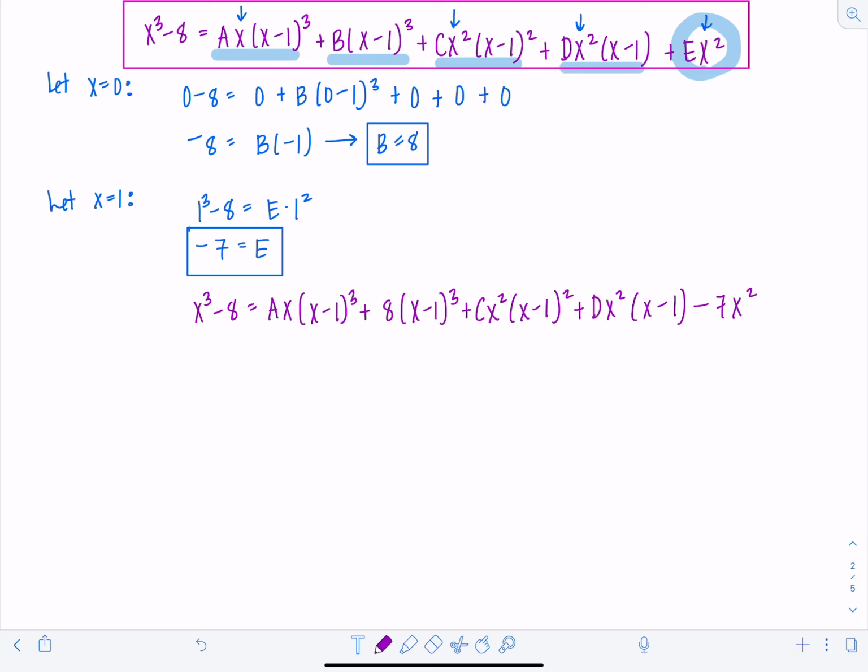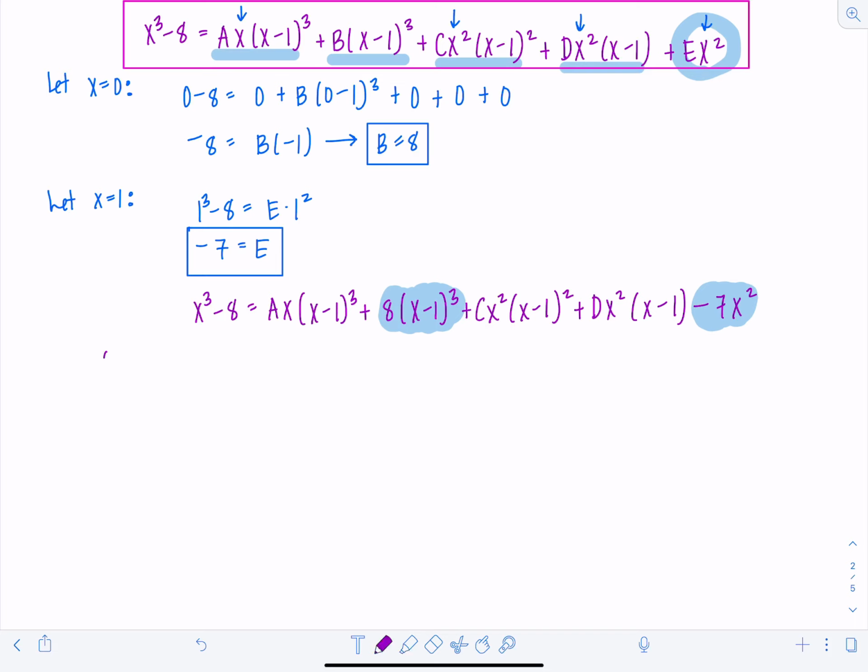Okay, what do you do from here? Well, whatever coefficients you found, you're going to take those terms and move them to the left-hand side, and then regroup and see if you can factor so you can cancel out some more stuff. This is typically the way it has to go. So let me move that all over now.